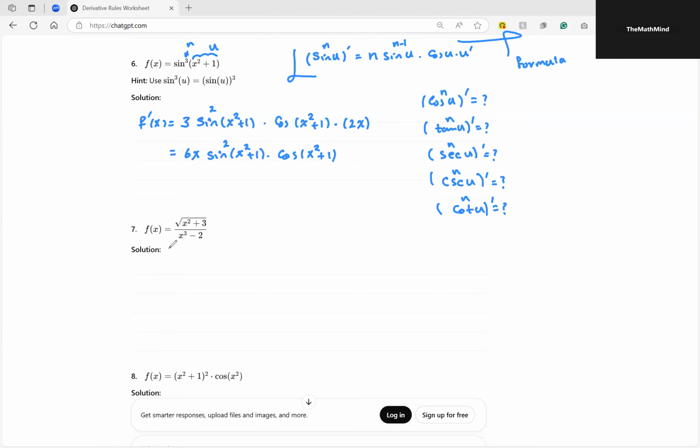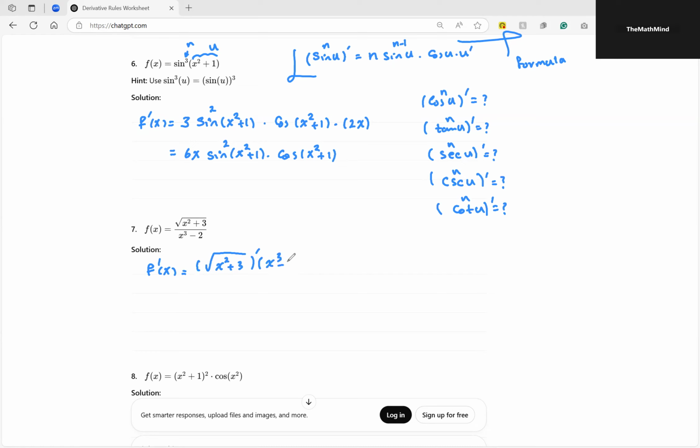Question number 7, we have the radical in the top, also the quotient rule. So f prime here is the derivative of the numerator. We're using prime here and take the derivative in the next step.